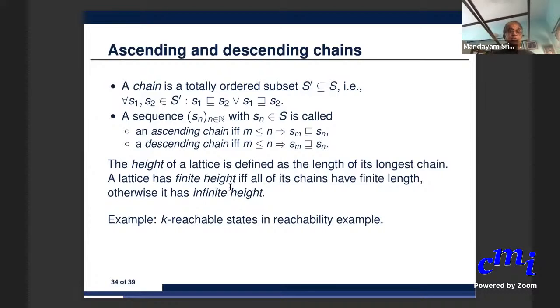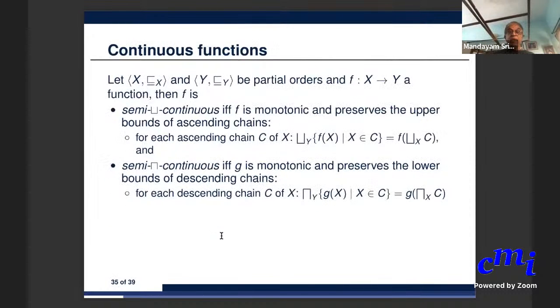The height of the lattice is defined as the length of its longest chain. When the collecting function is defined as I had illustrated, it can characterize the set of states that are reachable in k steps.